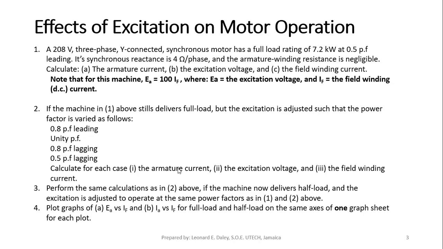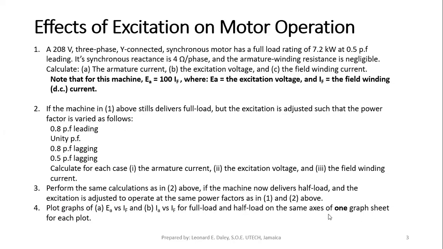And then something that I want you to do, I will start it, but I will want you to finish it. We're going to look at the same calculations for the machine delivering half load. And later on, you will plot graphs of the excitation voltage versus the field winding current and the armature current versus the field winding current for both full load and half load.